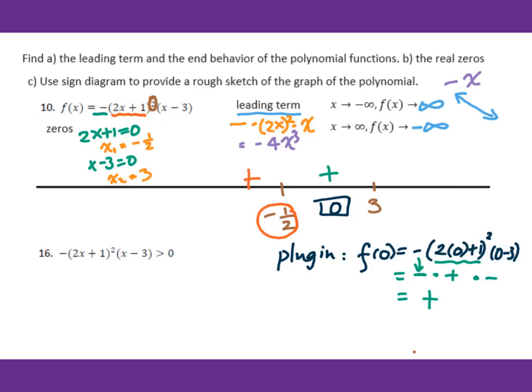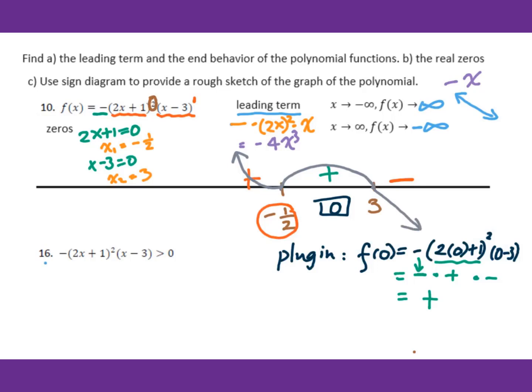Then go to this 3. 3 is a single factor. This is to the first power. Therefore, the neighbor interval has a different sign. This is a negative. Then we can sketch the graph now. It is a positive like this, and a positive here. This part is negative.